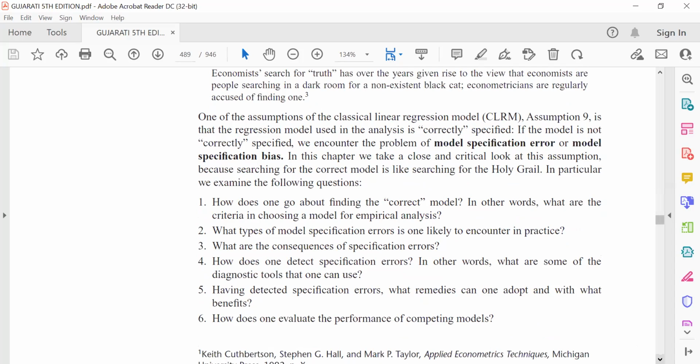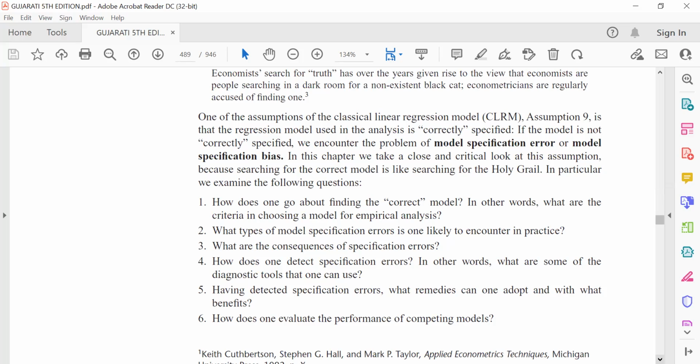What are the consequences if we make some misspecifications in our model? How does one detect whether there is a specification error or not? Having detected specification error, how do we solve our problem? How does one evaluate the performance of competing models?